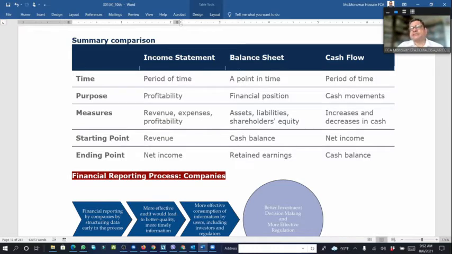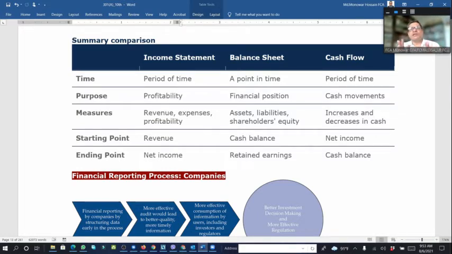But banks, insurance, and financial institutions have a financial period of January to December. So the period of time is mentioned in the income statement, and the balance sheet is a point in time, a specific point. Cash flow is a period of time.